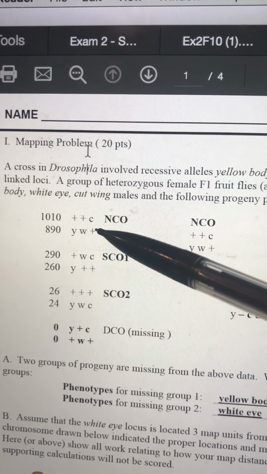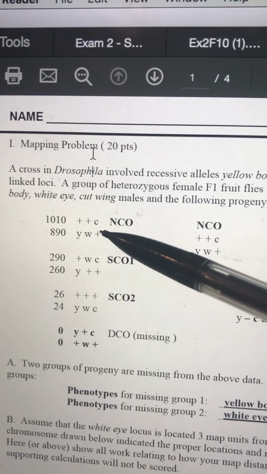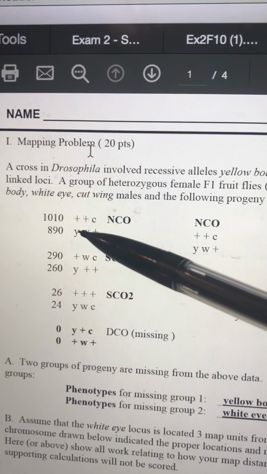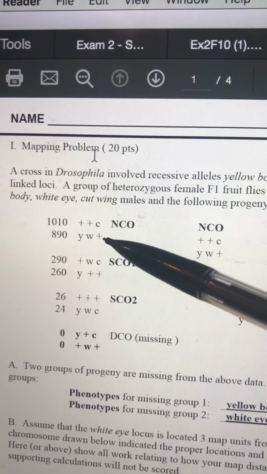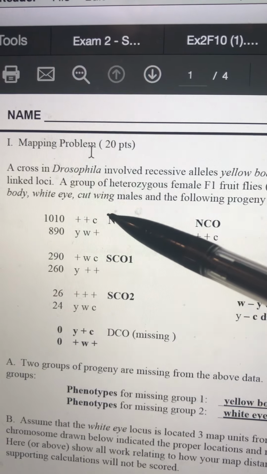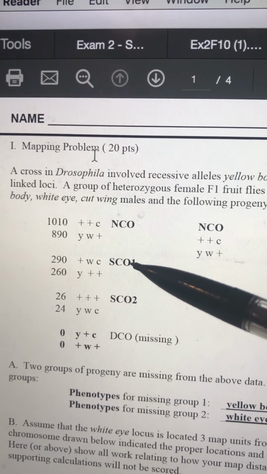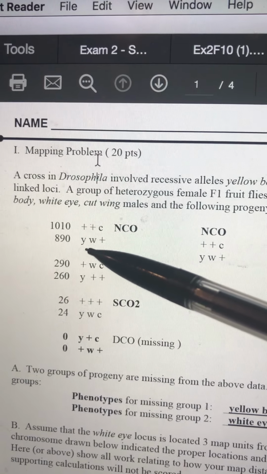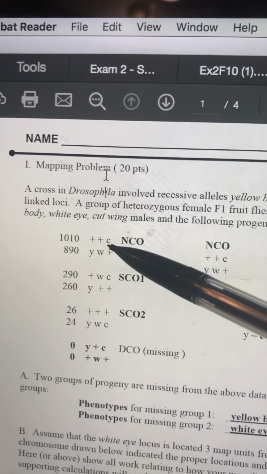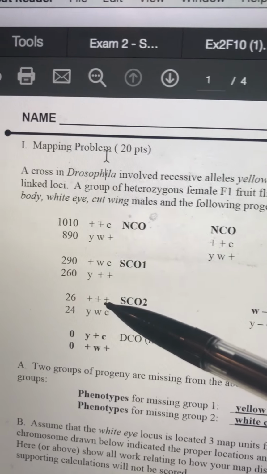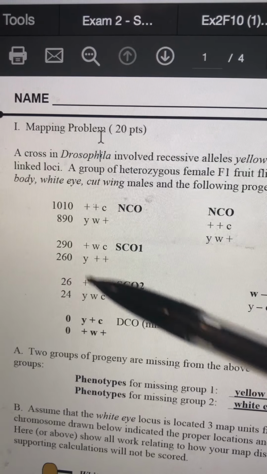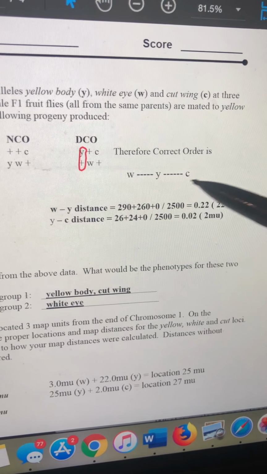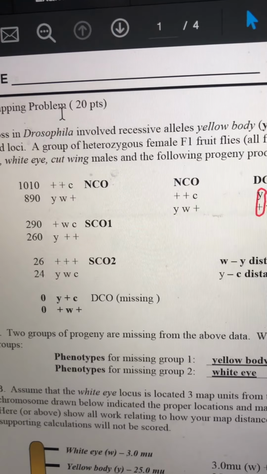If we have a double crossover, that would have crossing over between Y and C. Wait, no, it wouldn't, because we have WYC.